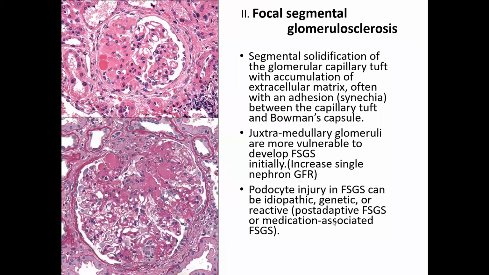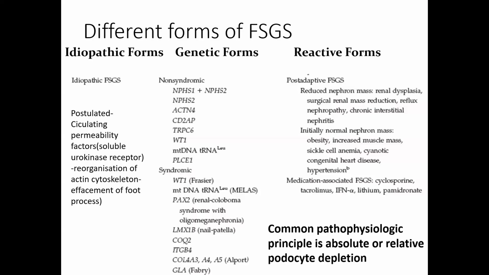The podocyte injury in FSGS can again be idiopathic, genetic, or reactive. Reactive can be adaptive FSGS or medication-associated FSGS. So you understand the basic morphology of FSGS. There are different forms of FSGS, as I already told: idiopathic, due to some genetic mutation, or reactive to other conditions.